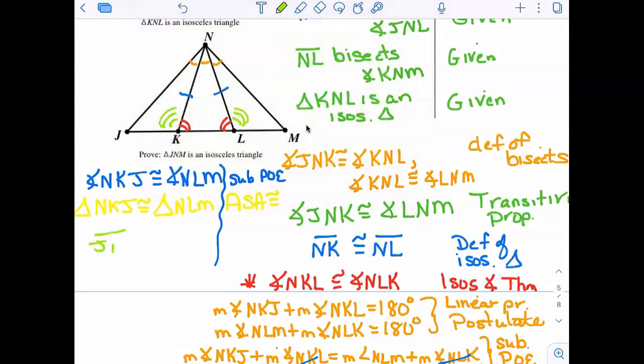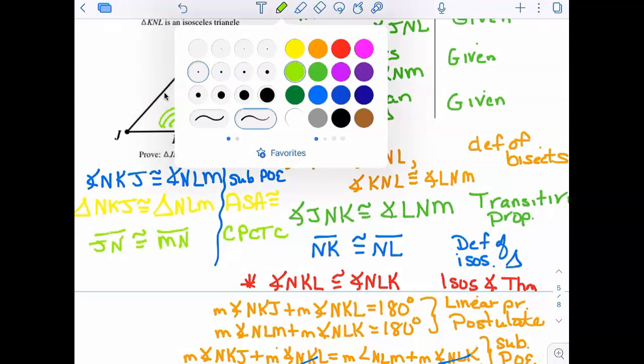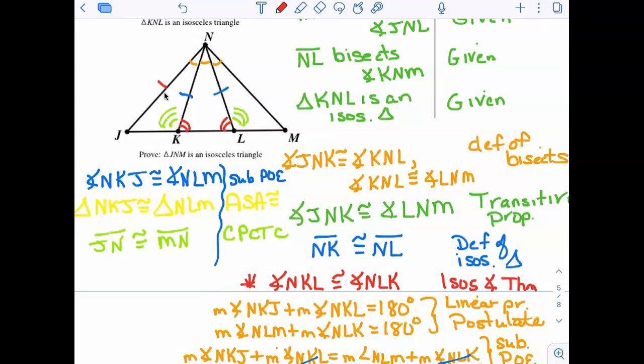So segment JN is congruent to segment MN, and that would be by corresponding parts of congruent triangles are congruent. And now, if those two sides are congruent, then that tells me that has to be an isosceles triangle.